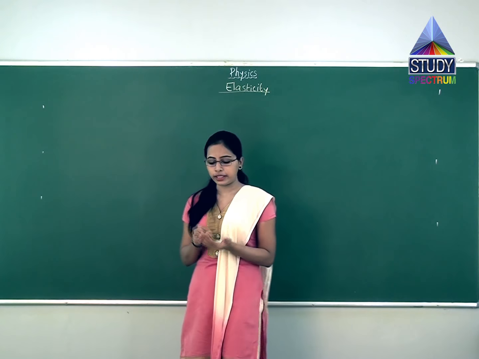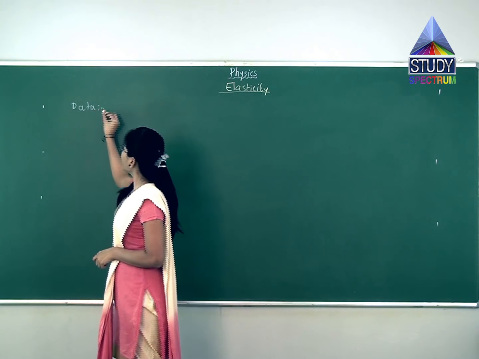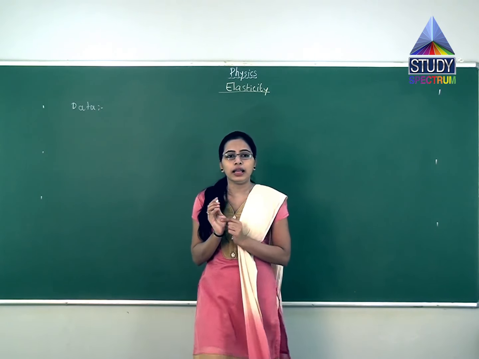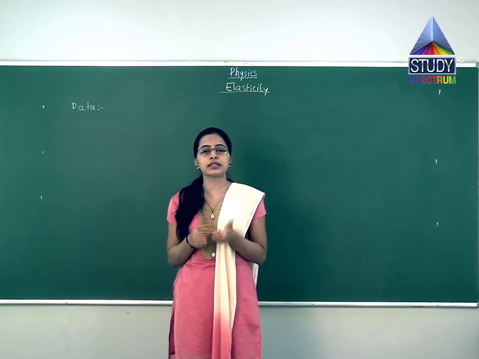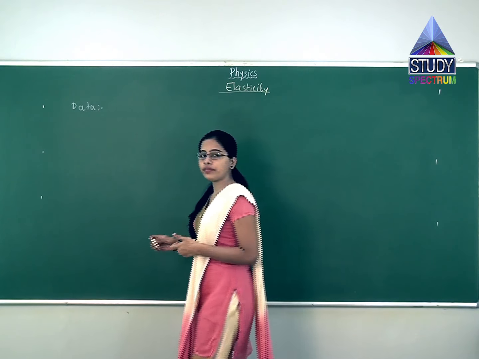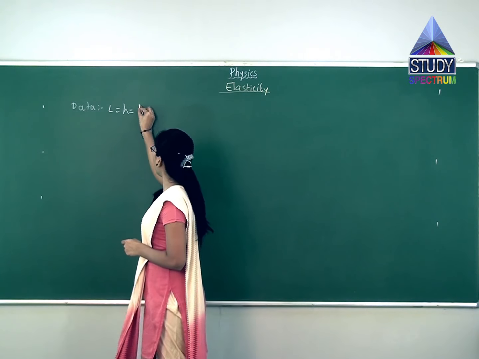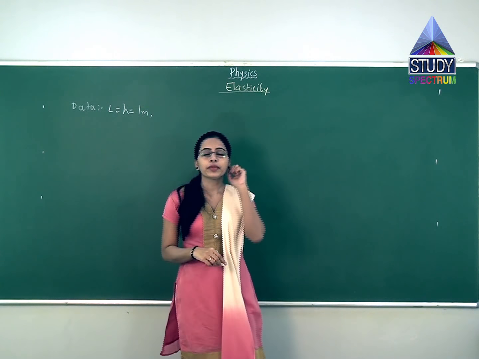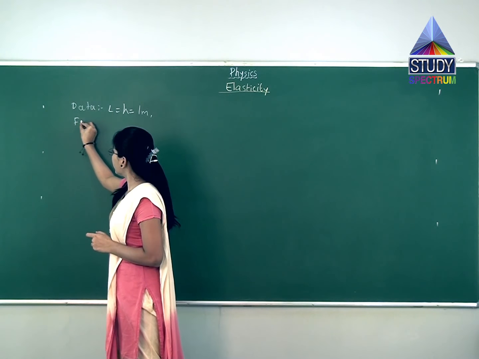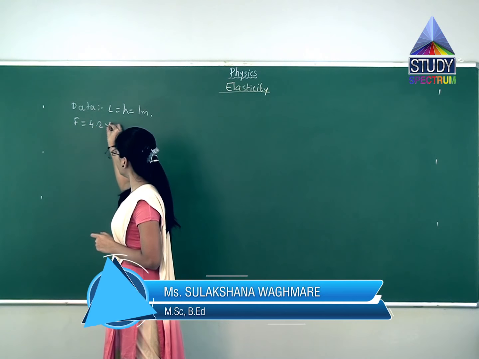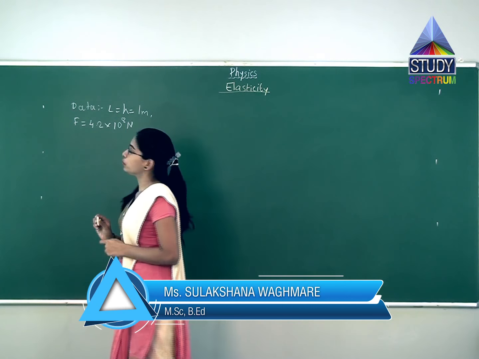So let us write down the data here. You can see the length is given, which is the height of the cube, as the cube has all sides equal. So we will write L is equal to H, which is given as 1 meter. Then the force applied is given, so F is equal to 4.2 into 10 raised to 8 Newton.